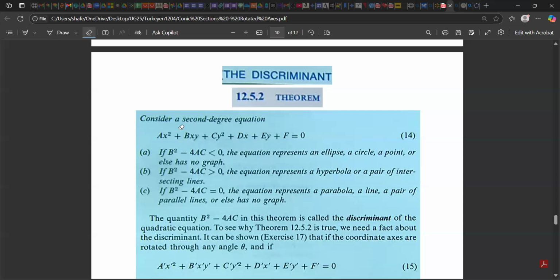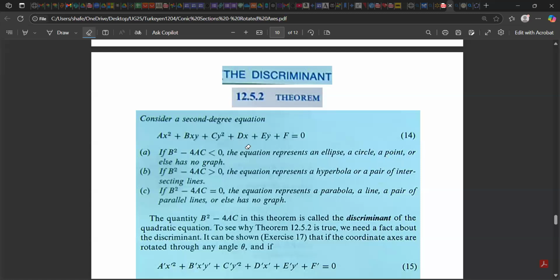So what you can look at is the value of A and C. If A and C are different, maybe you suspect an ellipse. If A and C are the same, maybe you have a circle, right? And how do you know that you don't have a point or no graph? Well, you could just try two values for X and Y, right?